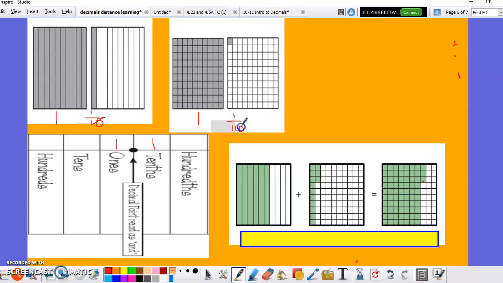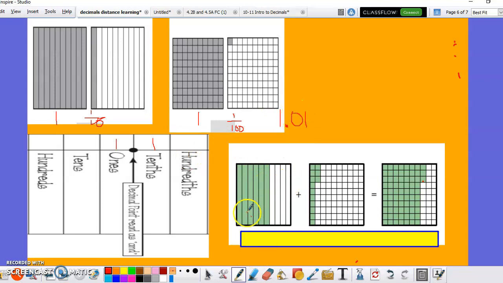Well, how do I write this as a decimal? I have 1, and do I have anything in the tenths place? I don't. So I put my 0. So that 1 would go in the hundredths place.